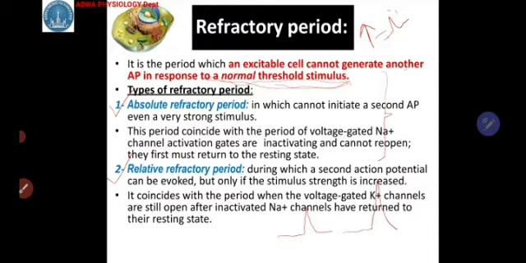The period when the voltage gated potassium channels are still open after inactivated sodium channels have returned to their resting state. It means that after completing the absolute refractory period, there is an interval where the second action potential can be generated.